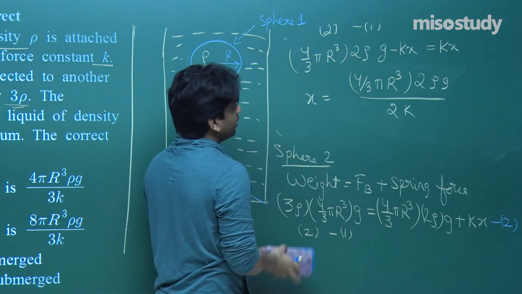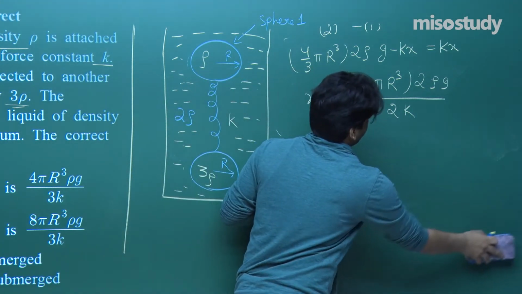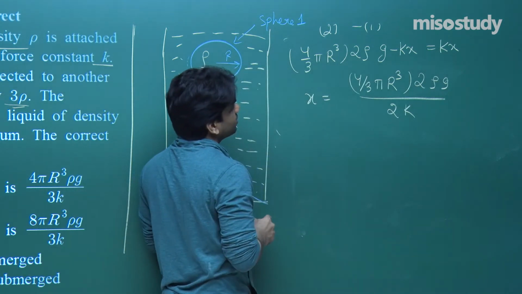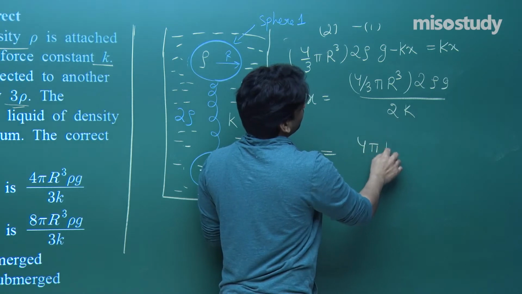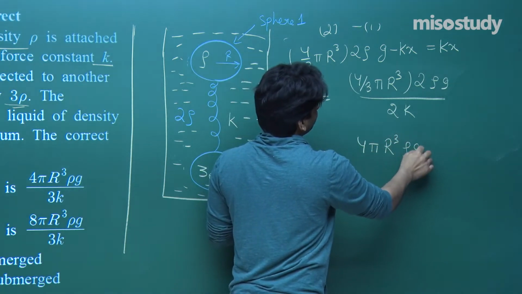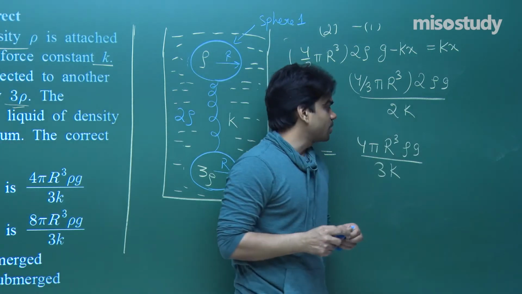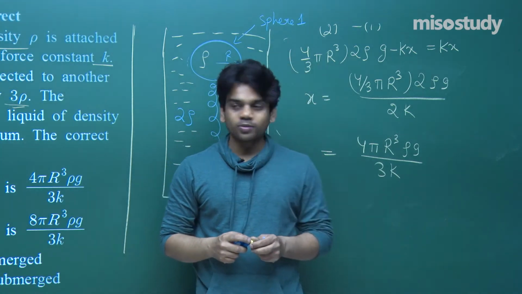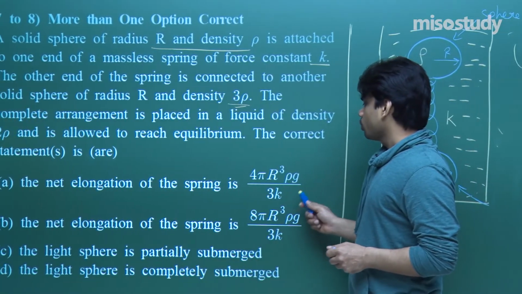So finally you will be obtaining the answer as, 2 and 2 will be cancelled out, so 4 pi r cube rho g upon 3k. This is what you are getting. So the net elongation of the spring is 4 by 3 pi r cube rho g by 3k.